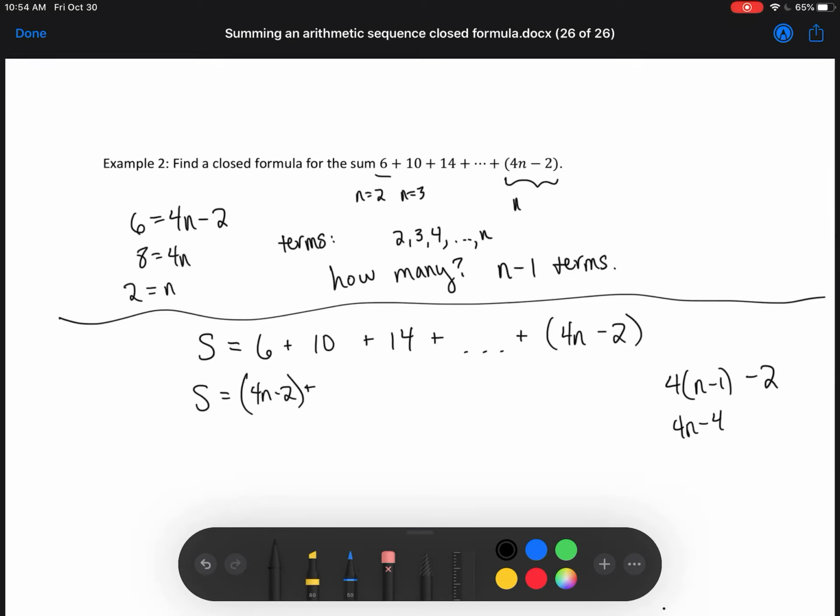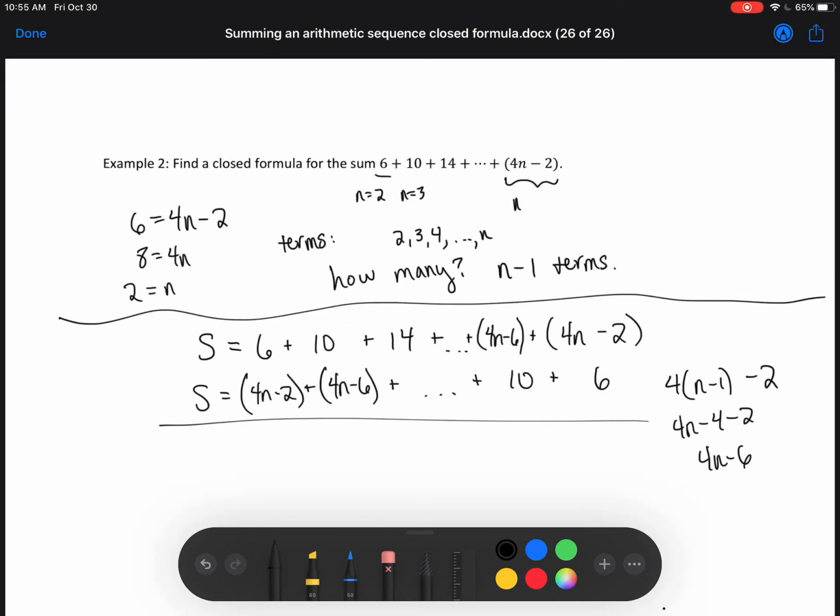I'm going to do this over here as scratch work. That gives 4n minus 4 minus 2, which is 4n minus 6. So that tells us that the second to last term up there is 4n minus 6, and then plus ... Of course, you would have 10, and then 6. And maybe if you wanted to, we could even write the 4n minus 6 up here, so we can see how they're adding.